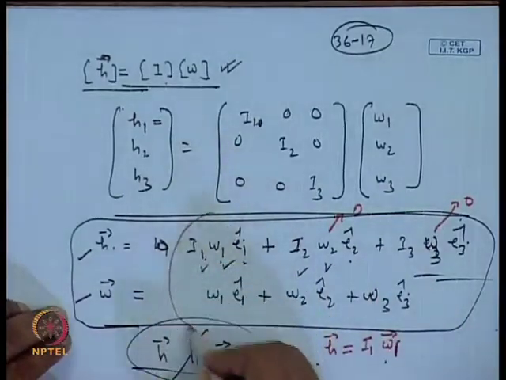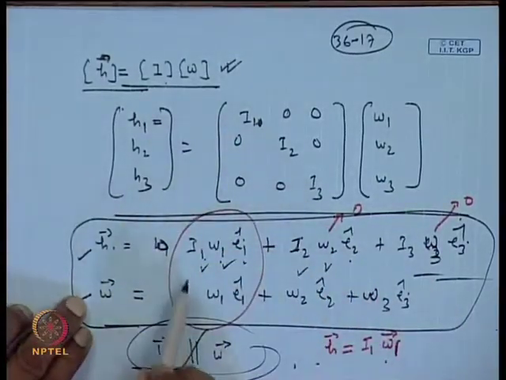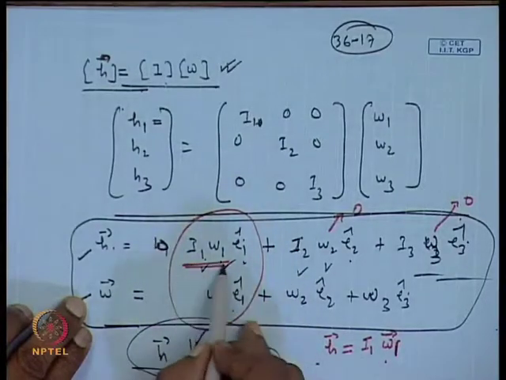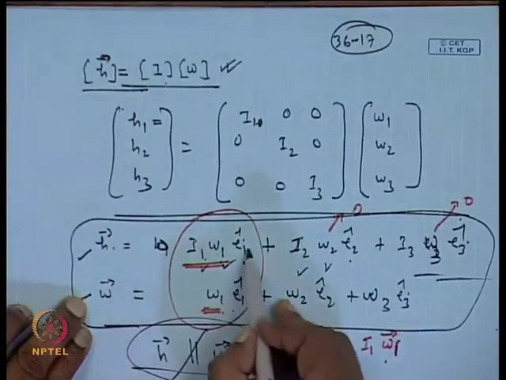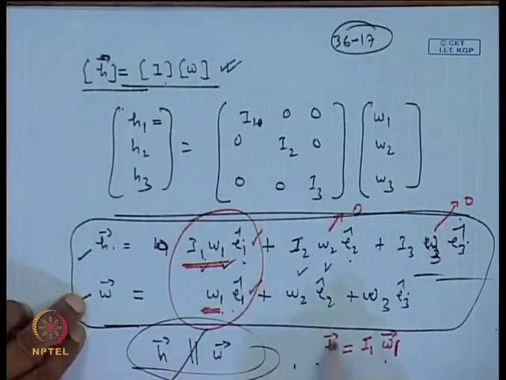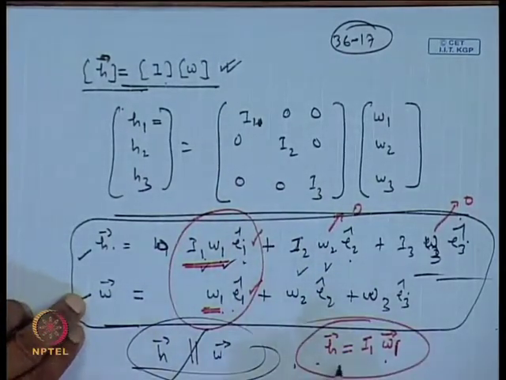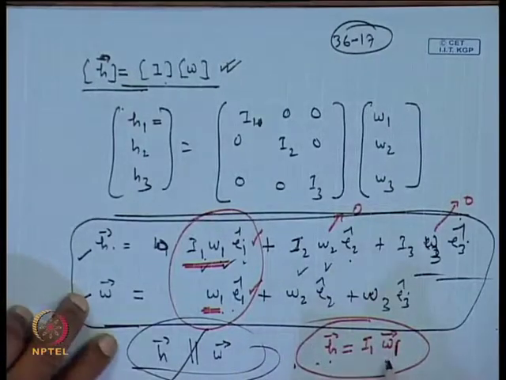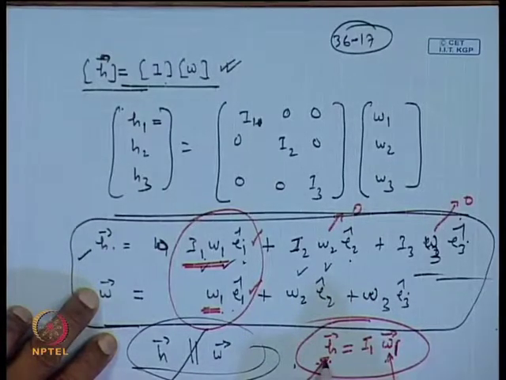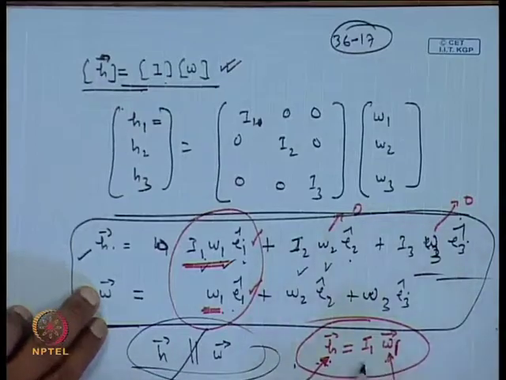In that condition, these are the components, and here this is the unit vector multiplied by them. So, both are in the same direction. The angular momentum vector and the angular velocity vector will get aligned, or they are in the same direction, if and only if the rotation is along the principal axis.